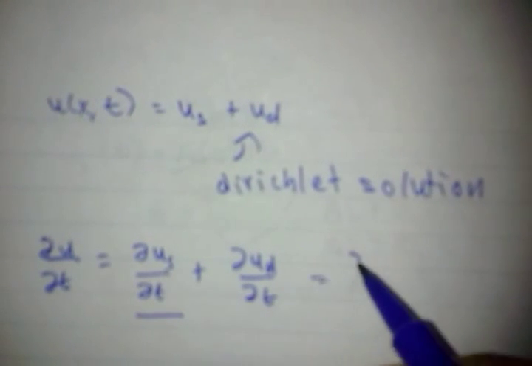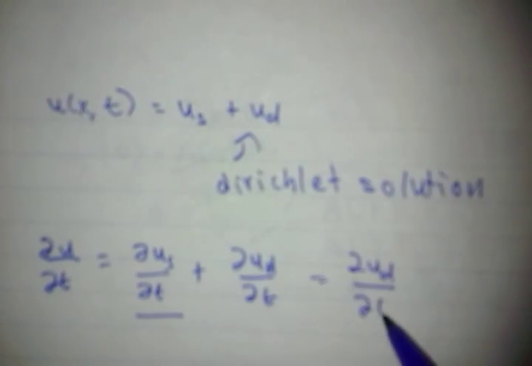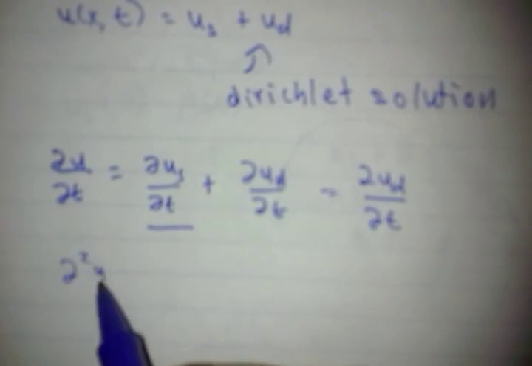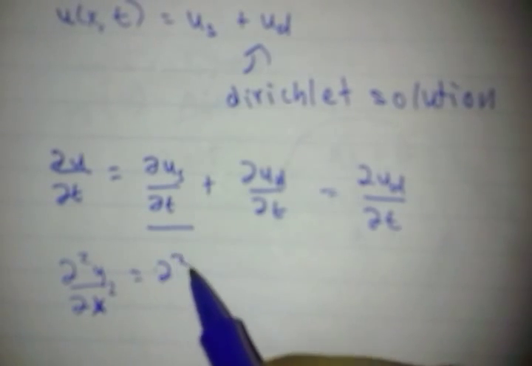And since we know that this is going to be 0, then we just get this. And we also know, if we take the other side, we have this.